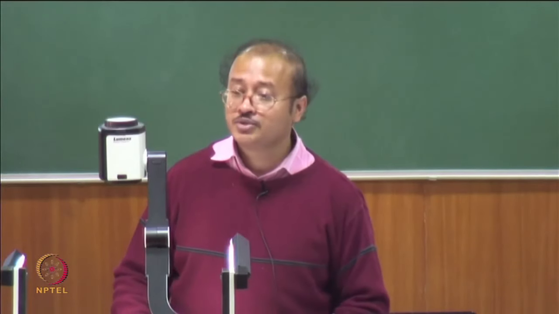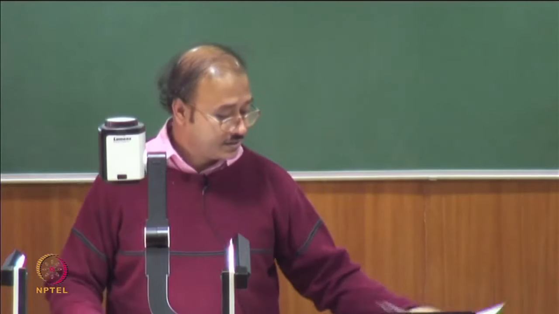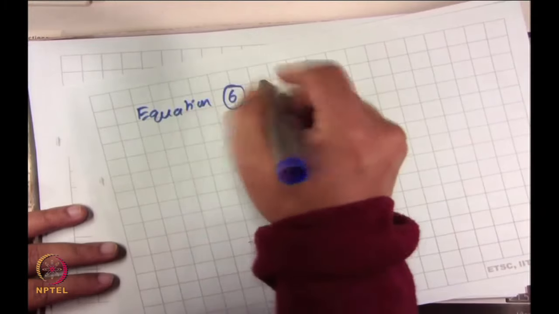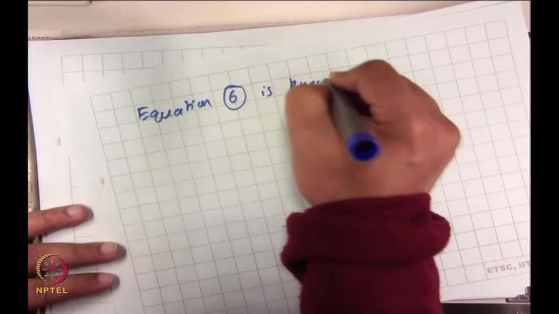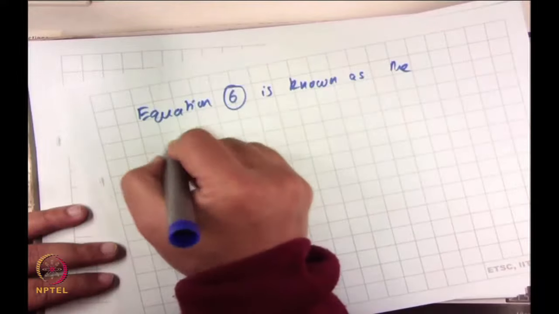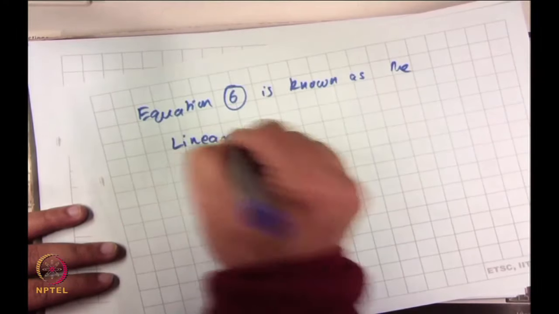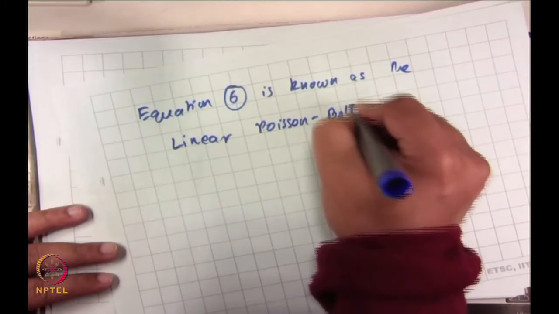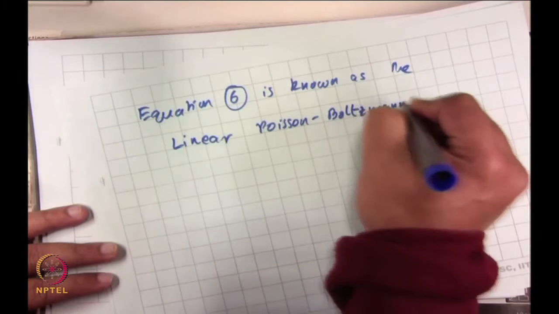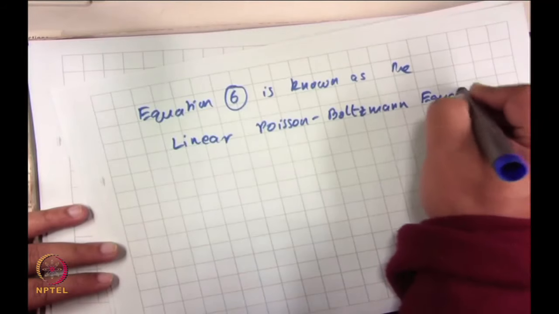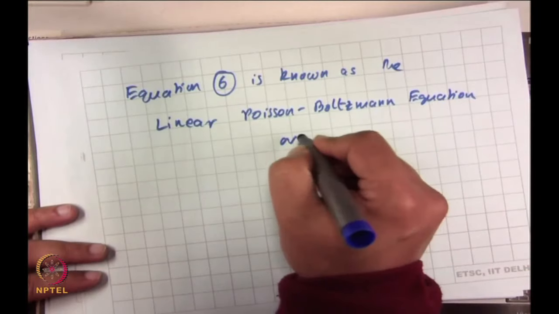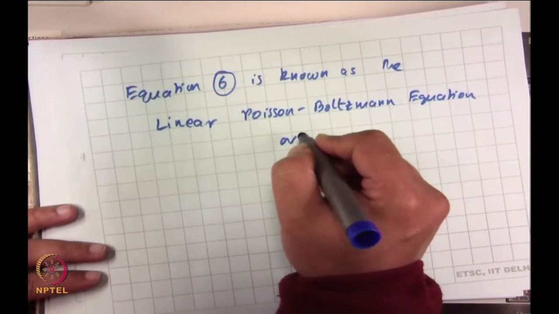Hence this equation, equation 6, is known as the linear Poisson-Boltzmann equation, or do you know the other name of it?